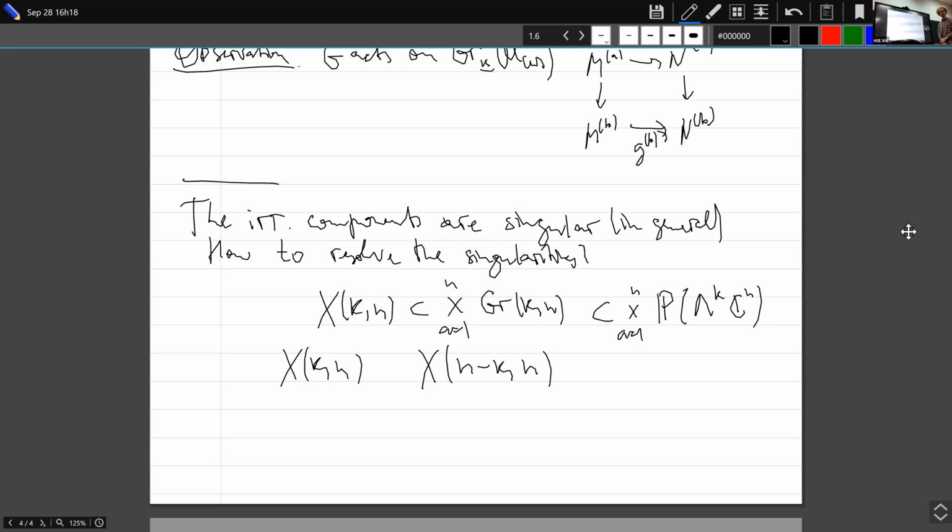Because you see, you can take the complement, so you have a k-element set and an n minus k element set. Usually when you have a matroid, then you can consider the dual of the matroid. It's still a matroid. But I don't remember, is there such a result on the positroid?